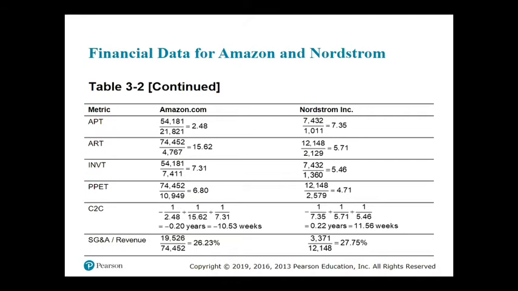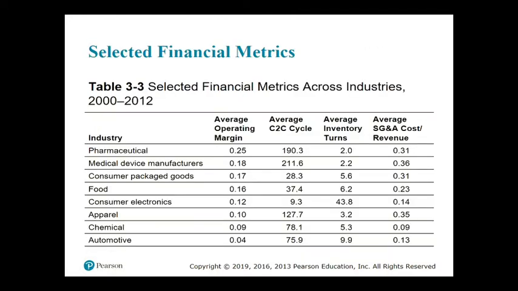So these are just summaries of the financial measures for Amazon and Nordstrom, and we can see that C2C for Nordstrom is a much higher number. And if you look at different industry sectors, you will tend to observe very different financial metrics for different industries.